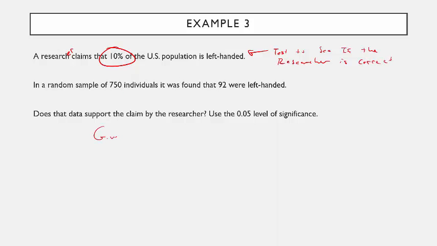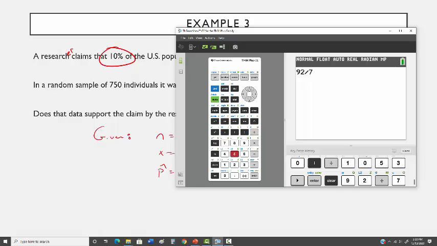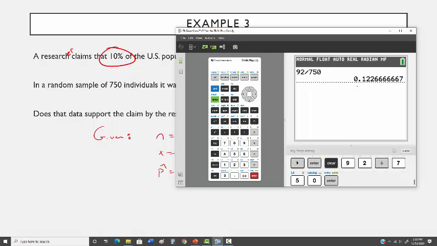So this is what we're given. We're given the sample size of 750 people, and it was found that X, 92 of them, were left-handed. So let's see what our p hat is from this. 92 over 750, and you get 0.1223.